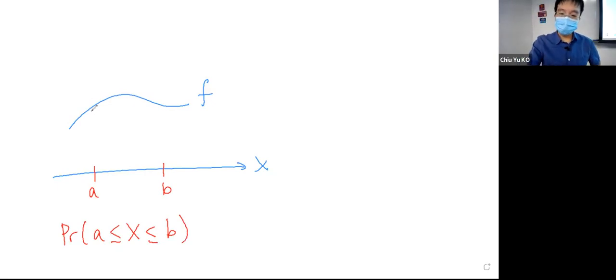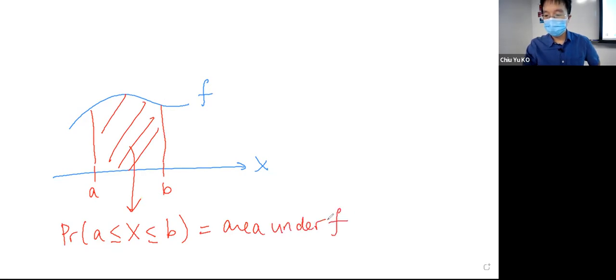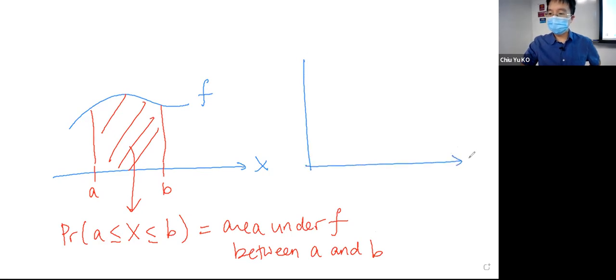So this comes from this area, okay? The area under f between A and B is what we want to find. And this is also equal to this, right, if you talk about big F, okay, something like this.